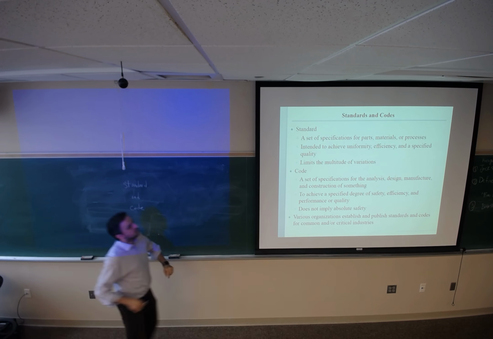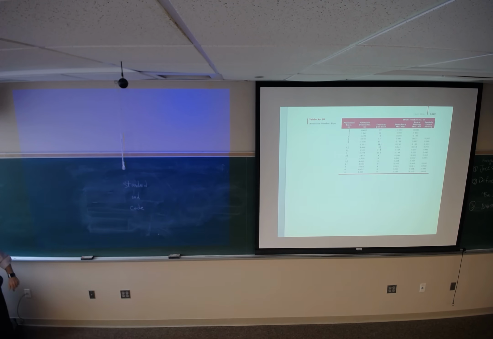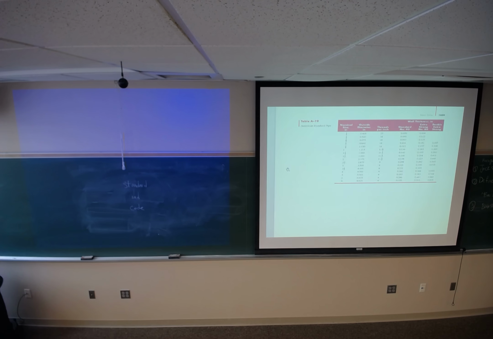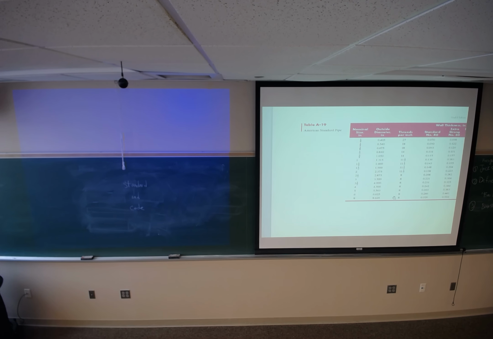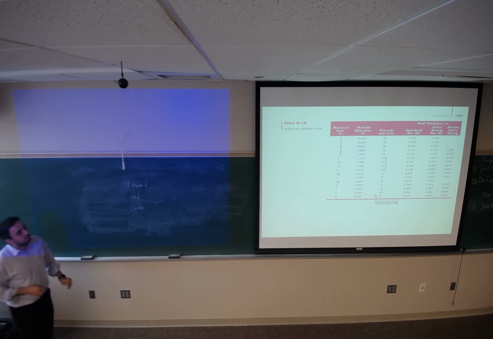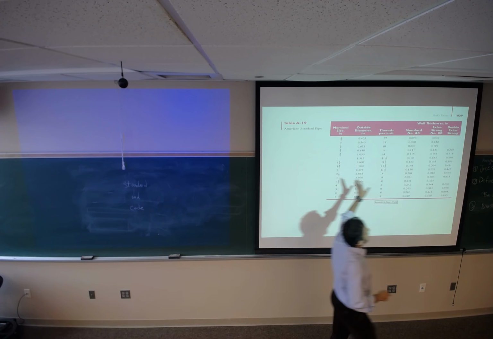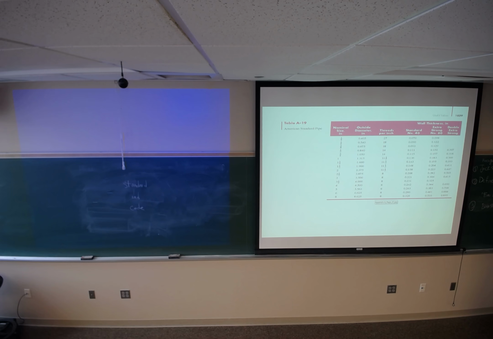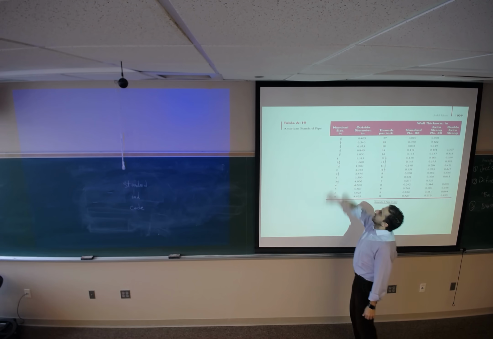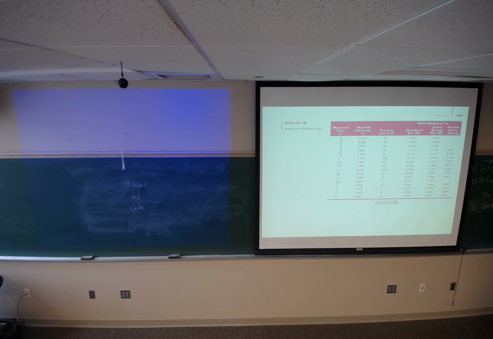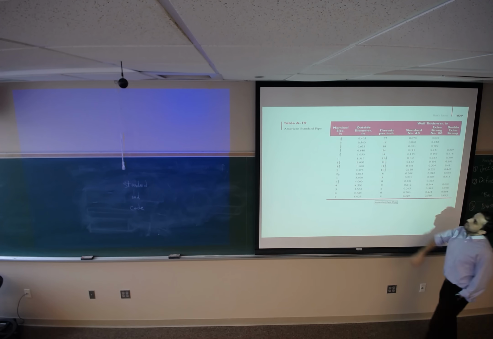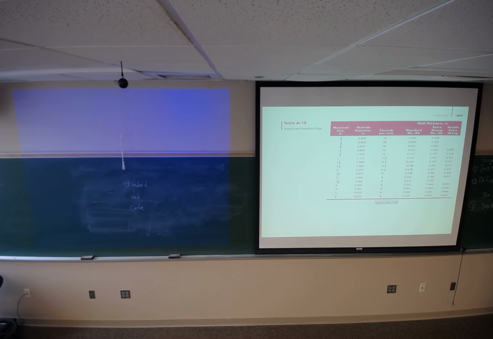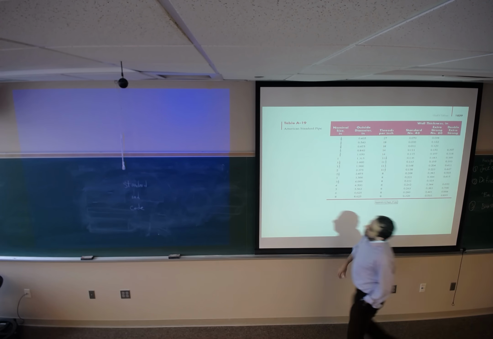So if you have a standard, for example, for a pipe, if I say I would like to have a pipe with the nominal size of 1 inch, everybody will know by looking at this table that the outer diameter of a 1 inch pipe is 1.315 inch.